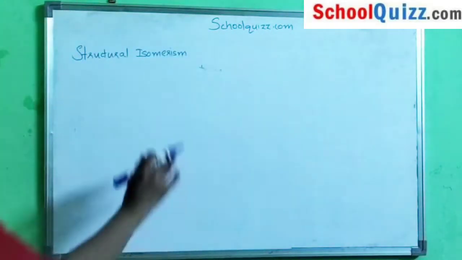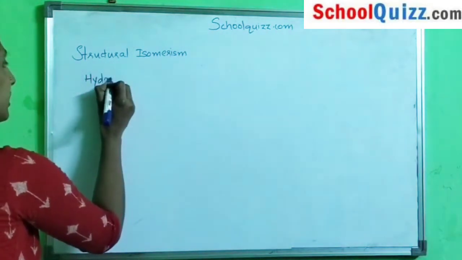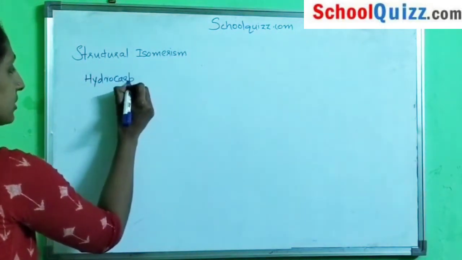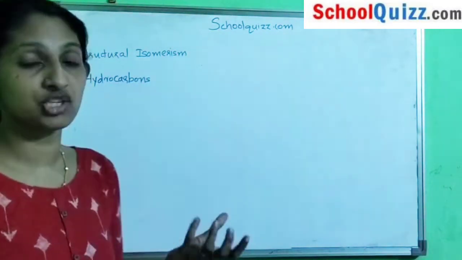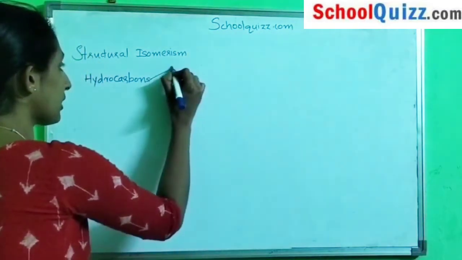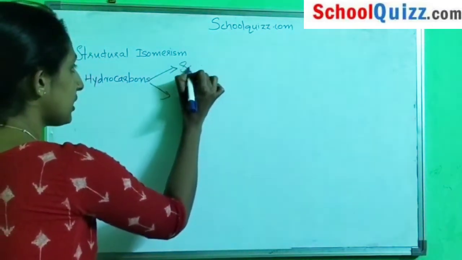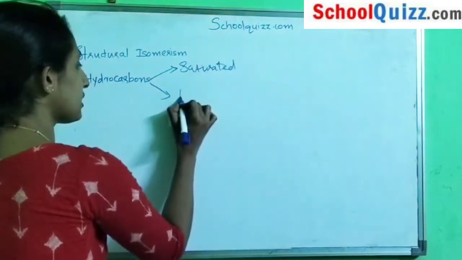Next, we can look at the term hydrocarbon. What is a hydrocarbon? A compound containing hydrogen and carbon is known as a hydrocarbon. Hydrocarbons fall into 2 categories: saturated hydrocarbons and unsaturated hydrocarbons.